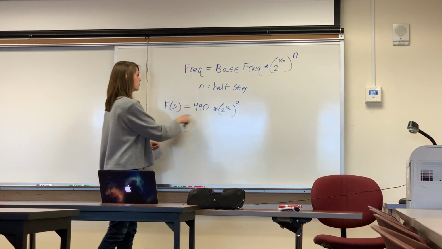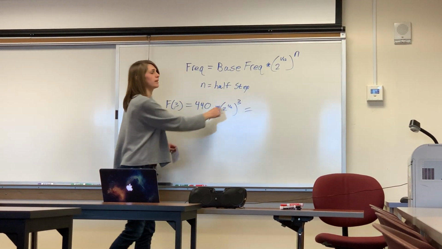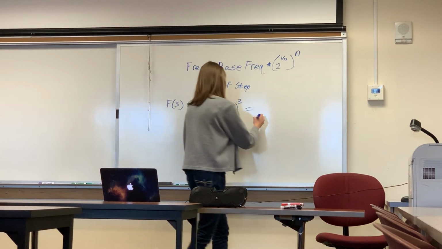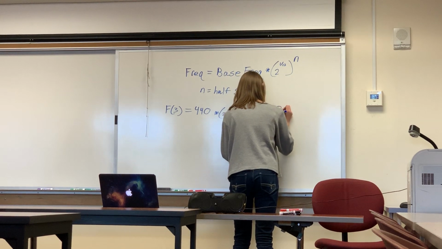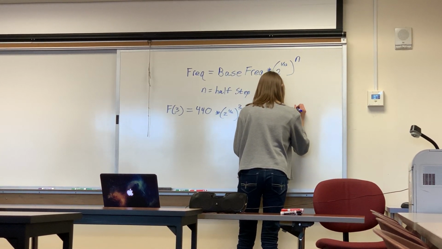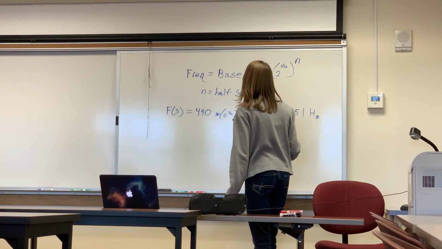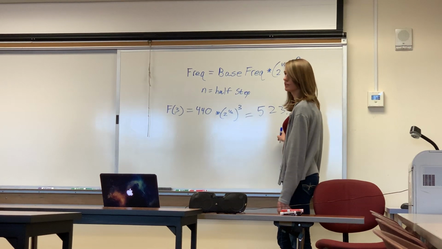So this will output a frequency of a note that is 3 half steps above our base pitch, which is 440 hertz, which is going to give us 523.251 hertz. So our first note is A, and this note 3 half steps above is this frequency.